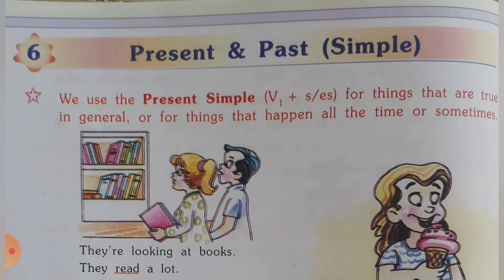First we use the simple present tense, that means verb 1 plus s/es, for things that are true in general or for things that happen all the time or sometimes. Here in this picture we can say that they are looking at books. They read a lot.